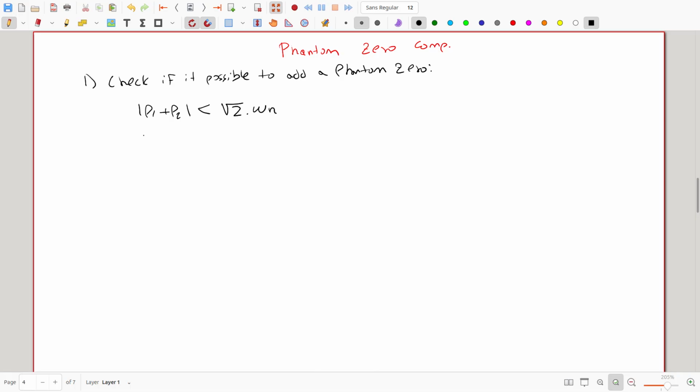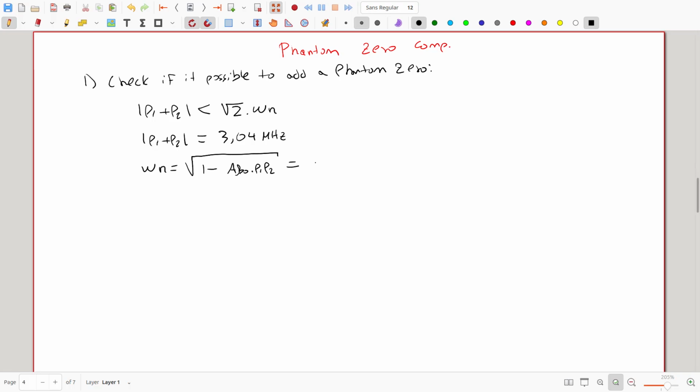So let's calculate this. P1 plus P2 is going to be equal to 3.04 megahertz if I take the values that I calculated. For two poles, omega n is going to be equal to the square root of 1 minus AB0 times P1 P2.